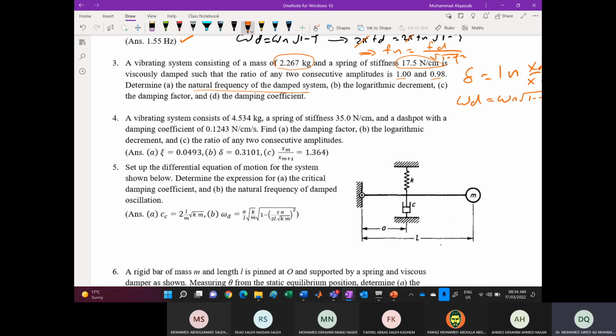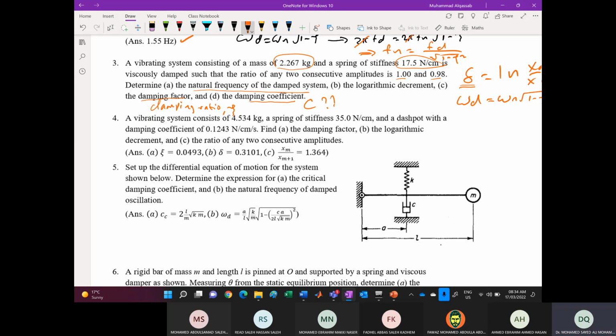The logarithmic decrement, which we should find first, delta, and the damping factor, sometimes we call it damping ratio, which is zeta. The damping coefficient, which one is the damping coefficient? C. Good.